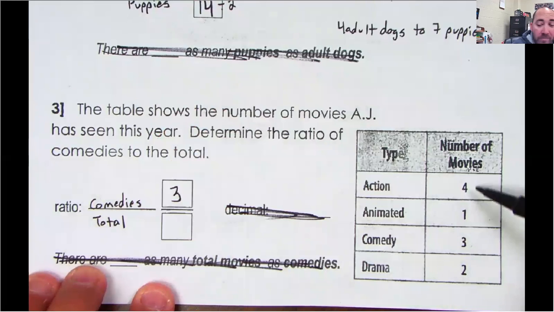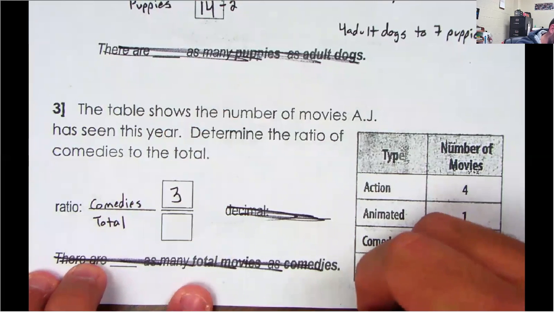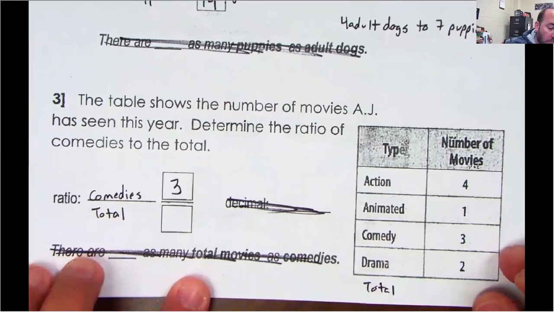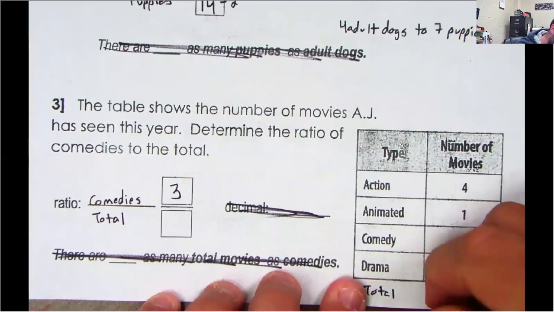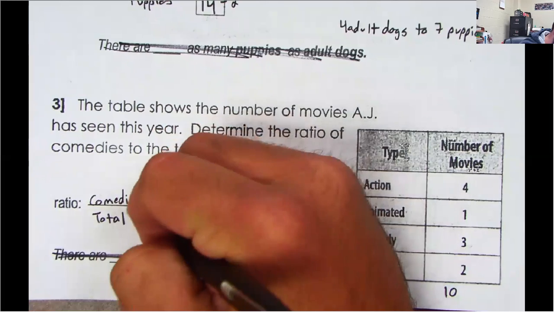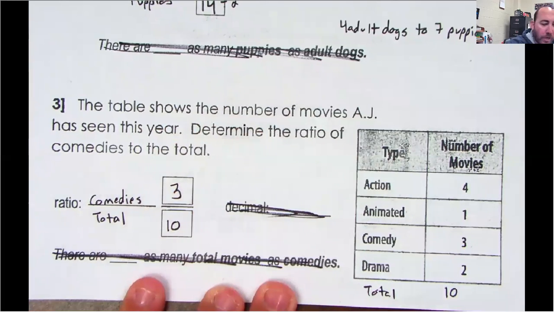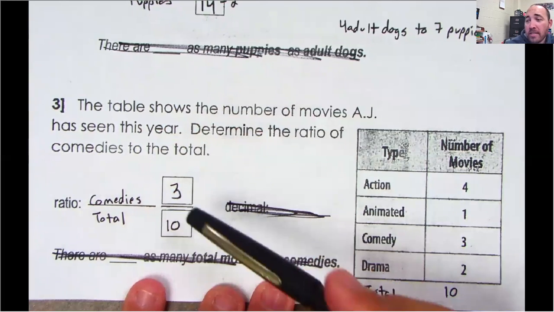How many total movies? That means we have to add all these up. 4 plus 1 is 5. 5 plus 3 is 8. 8 plus 2 is 10. So this is a total of 10. Can 3/10 be simplified? Nope, that's it.